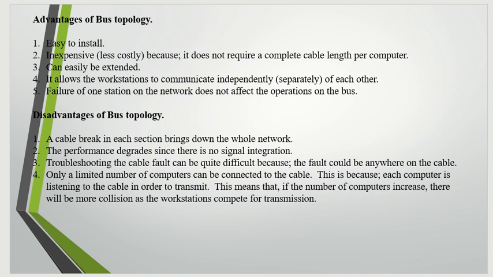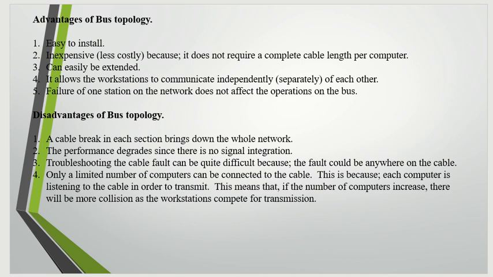The disadvantages are that if the main cable has an issue and is not working, the entire network is down. The performance degrades since there is no signal integration. Troubleshooting of cable fault is quite difficult because the fault could be anywhere in the cable.